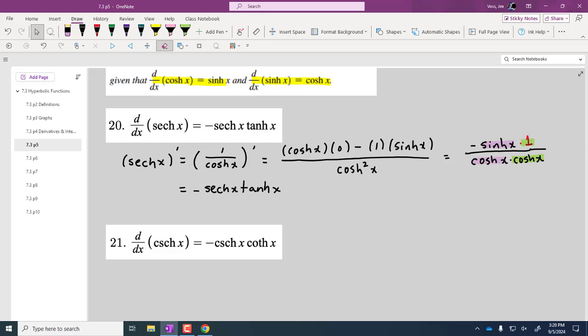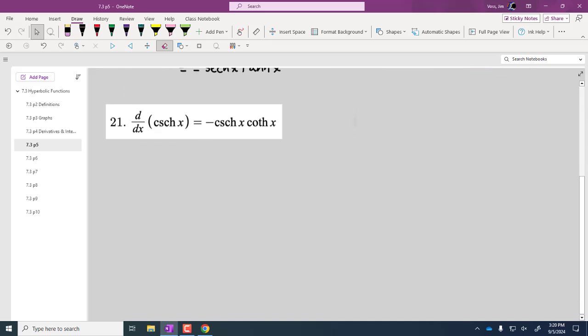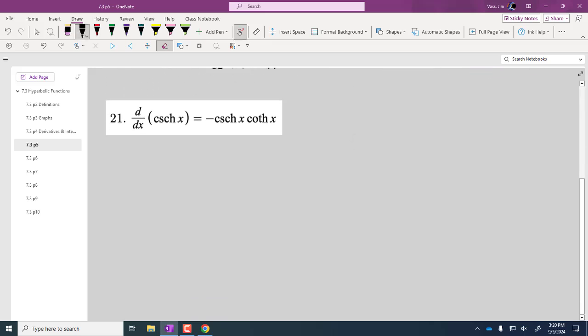So this one should look parallel to the one we just did. We're going to take the derivative of 1 over sinh. So 1 over sinh is how you write csch. And then we use the quotient rule again. So low d high minus high d low over low squared.